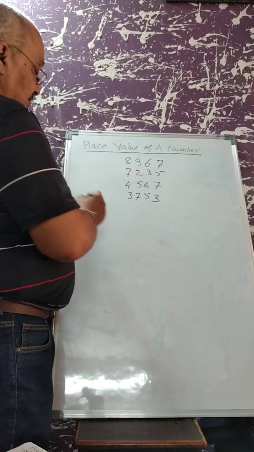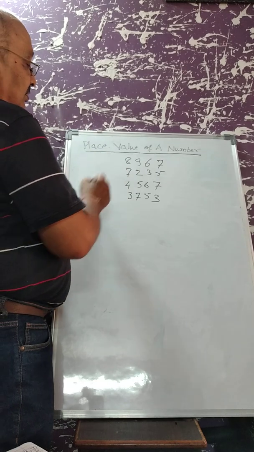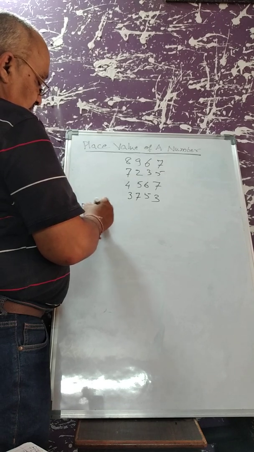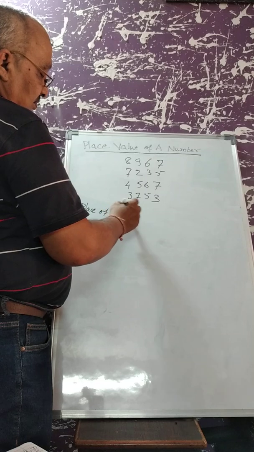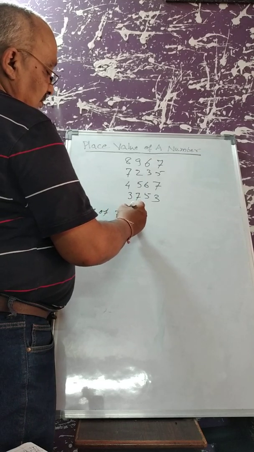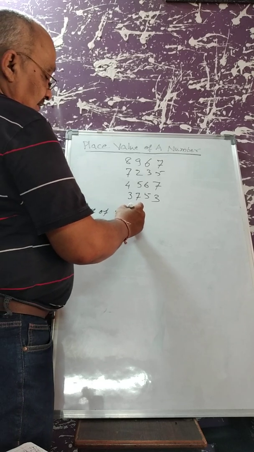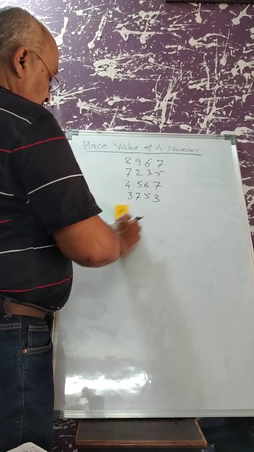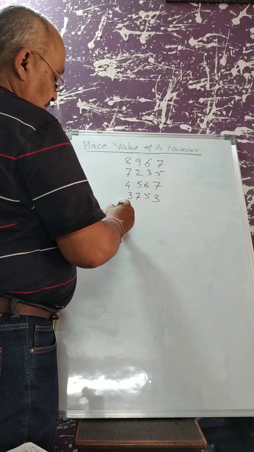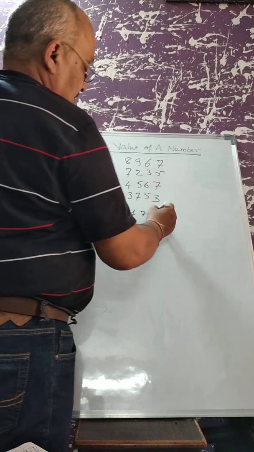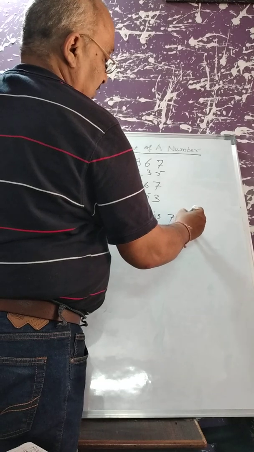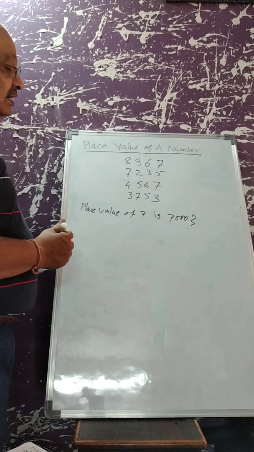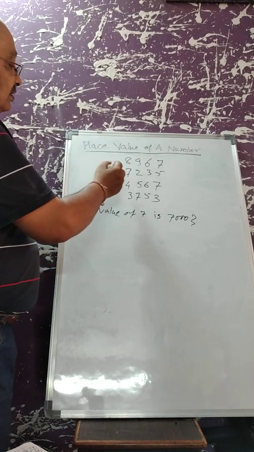You have to find out the place of 7, place value of 7 is 7000. You have to find out, and you have to circle wherever you are getting place value 7000 for this 7.